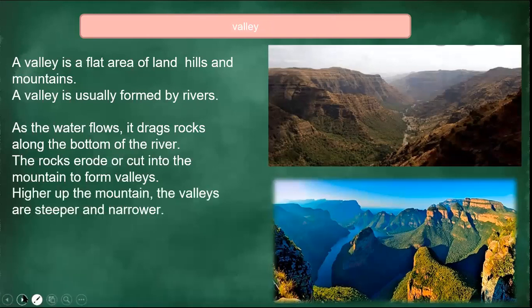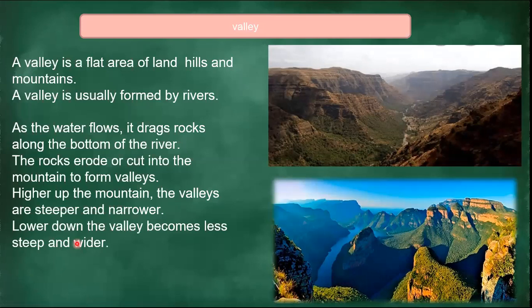Higher up the mountain, the valleys are steeper and narrow. When you are standing here on top of this mountain, you will see the valley as steep and narrow. The person who took this picture took it from above. But lower down, the valley becomes less steep and wide.